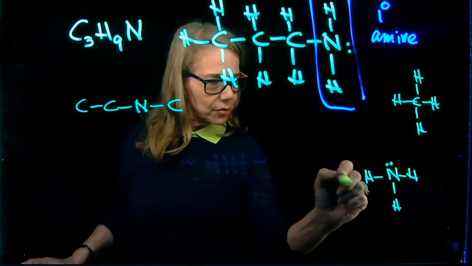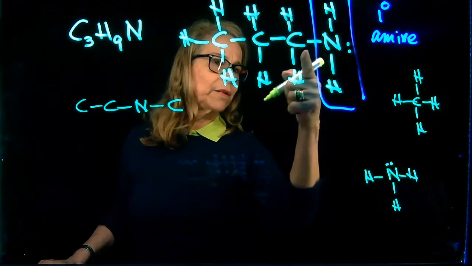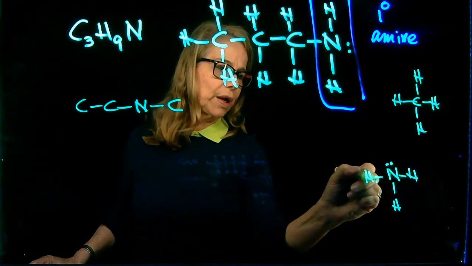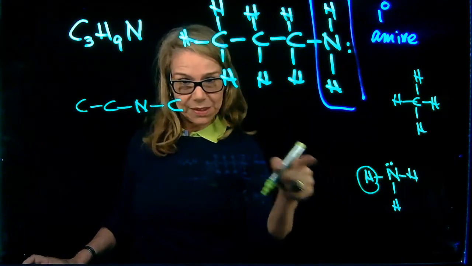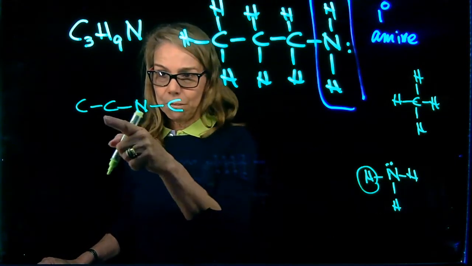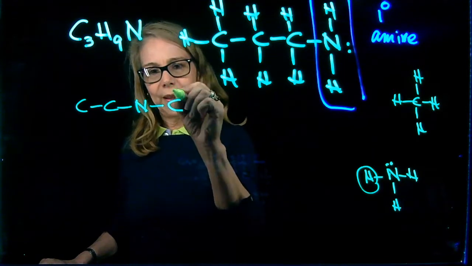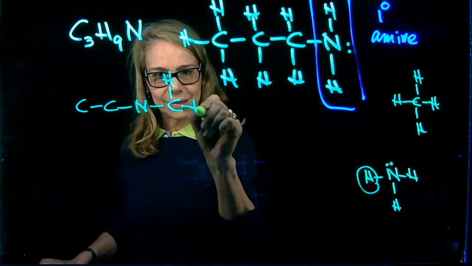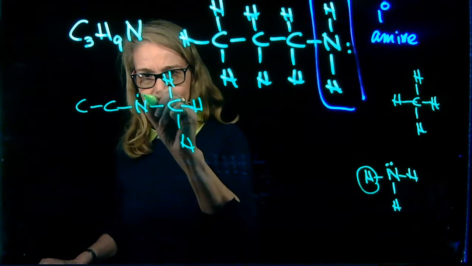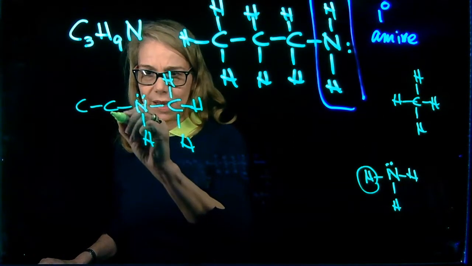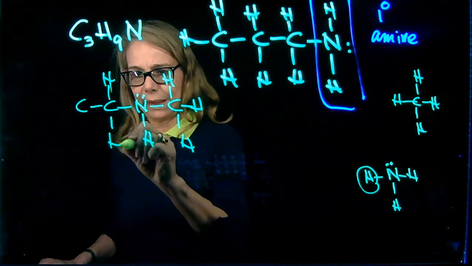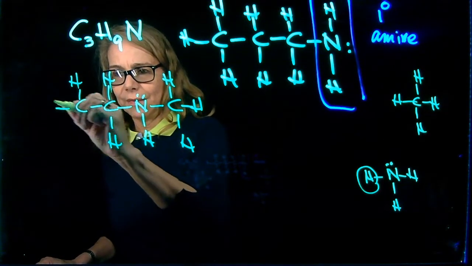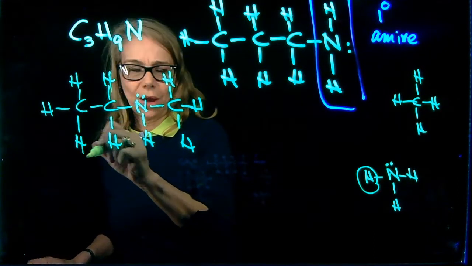In the previous picture, one of these 3 hydrogens was replaced by the whole chain. Now I am replacing 2 of the hydrogens by 2 carbon chains. And I'm going to just complete the bonds. And because nitrogen still needs 3 bonds, 1, 2, 3, and 1 lone pair. Now notice that this compound is different.